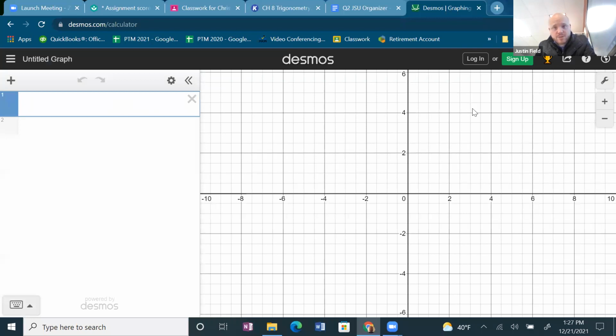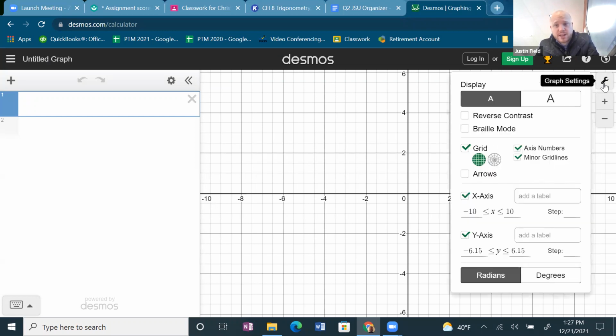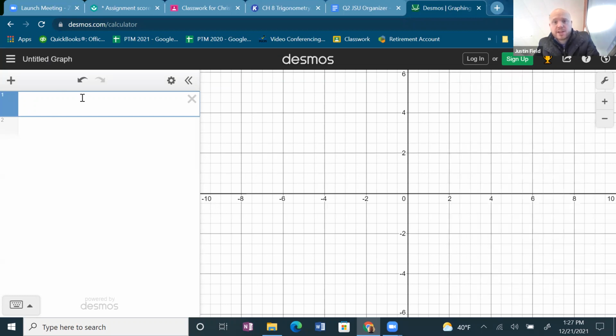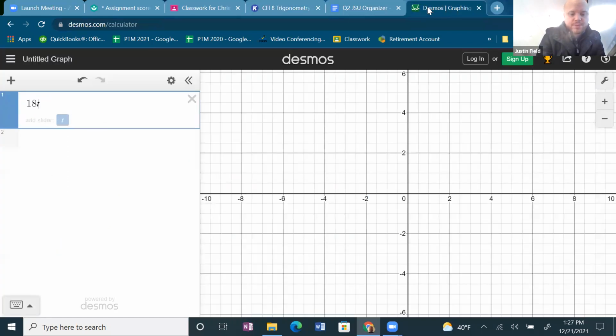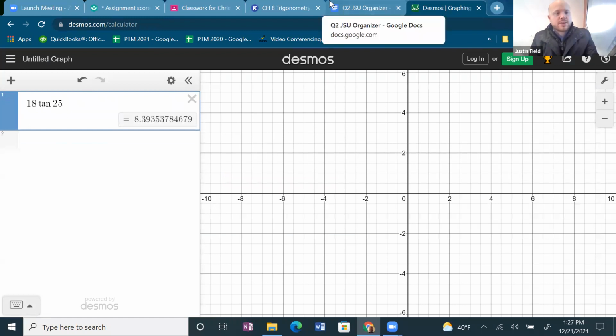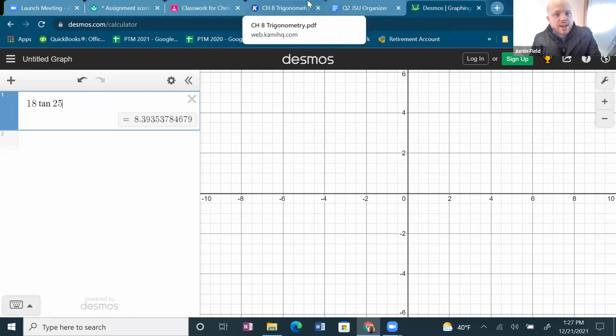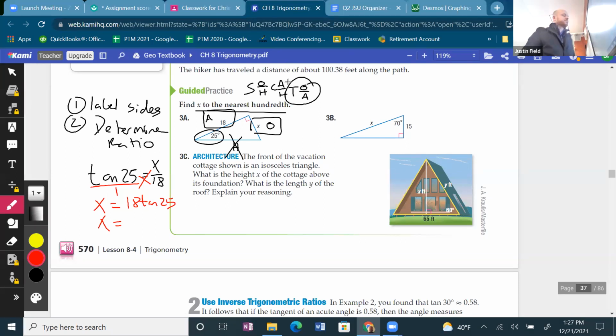Now, forewarning, you will get every question wrong in IXL if you do not make sure you press this wrench and go to degree mode. So we're working in degrees. We want 18 tan 25. And the answer is 8.39. Approximately, right? So that's how we do that.